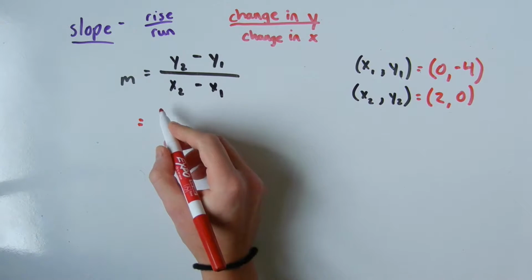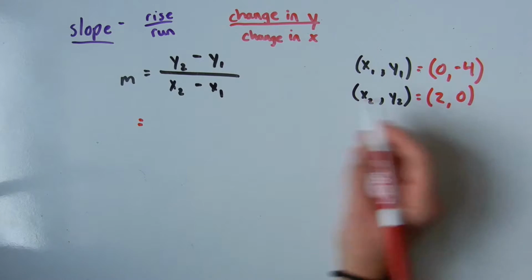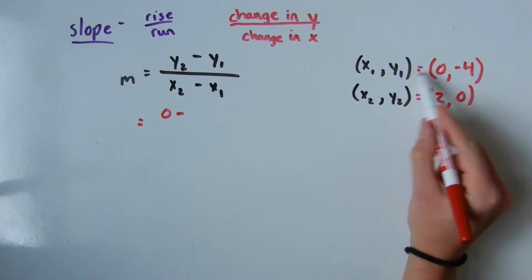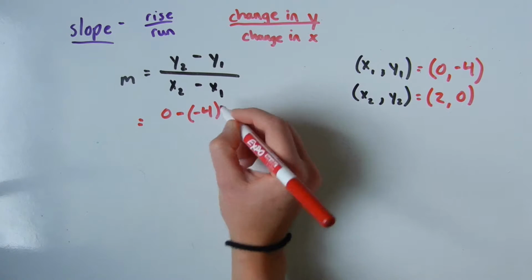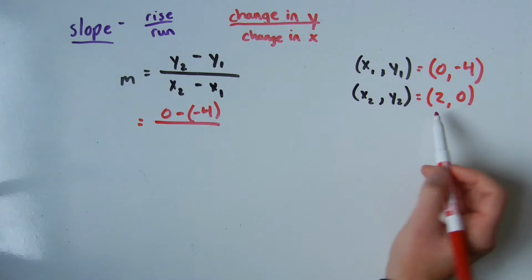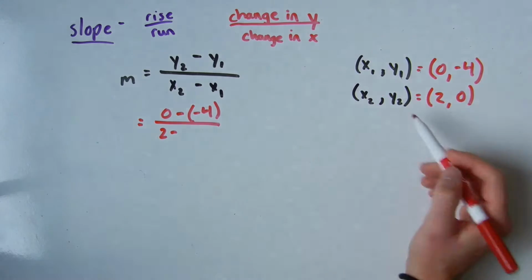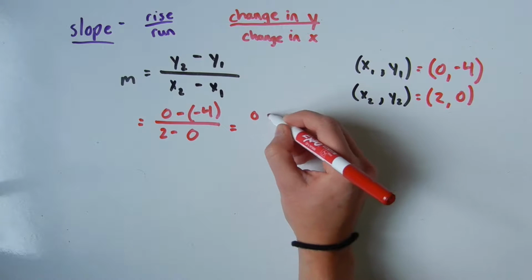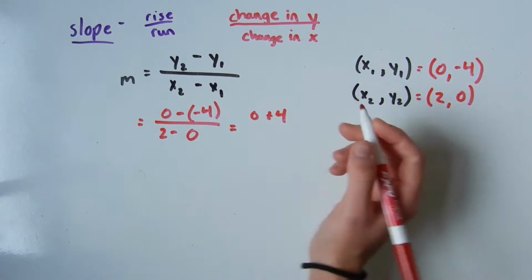So we're going to get that m is equal to y2 minus y1. Our y2 is 0. Our y1 was negative 4. So 0 minus negative 4 all over x2, which is 2, minus x1, which was 0. That's going to be 0 plus 4, because when you subtract a negative, it's the same as adding the positive.